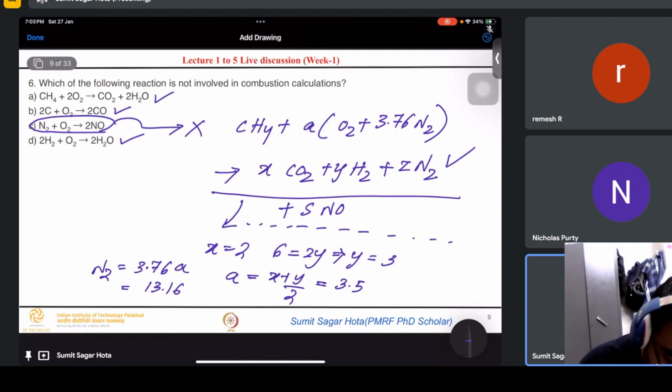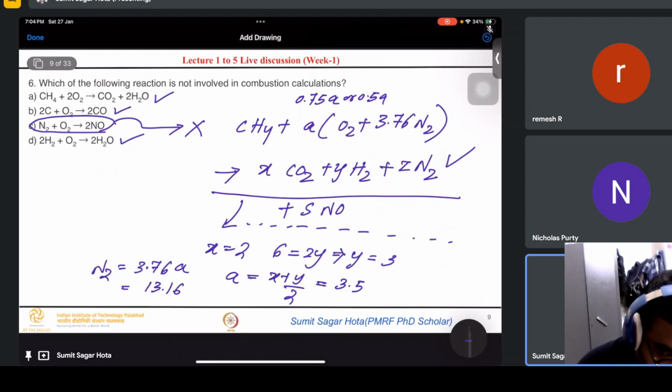For example, in place of A you have less, maybe A by 2, or 0.75 times A, or 0.5 times, something less. Then there is incomplete combustion, and obviously the NOx formation will be there.